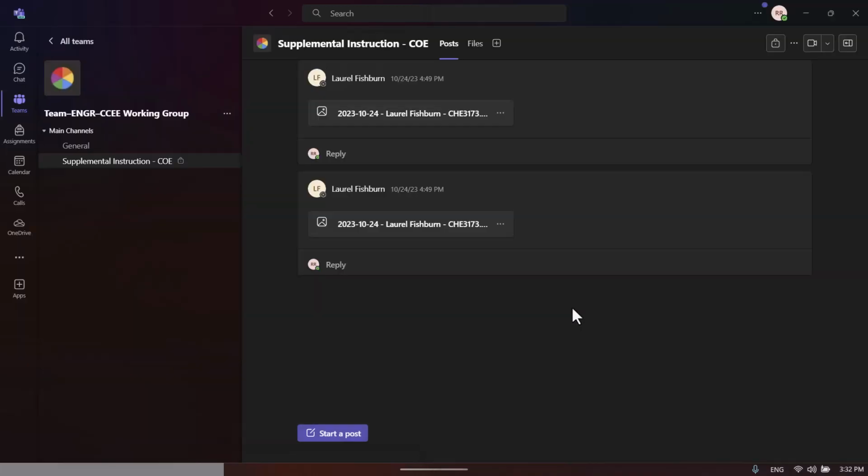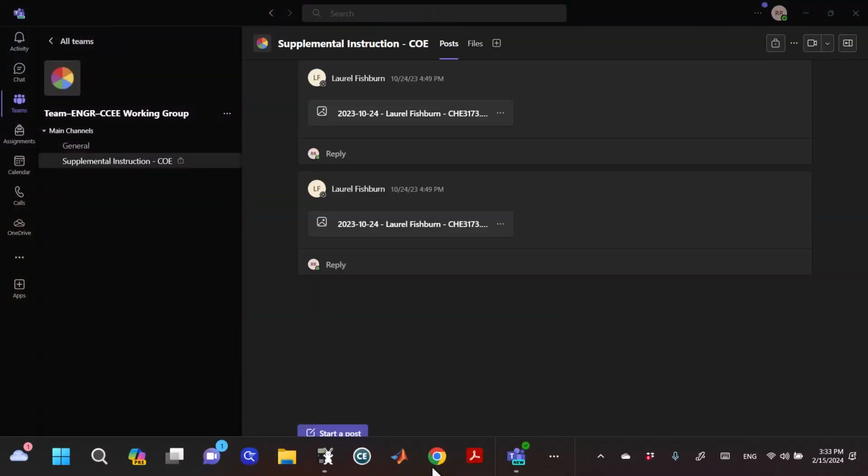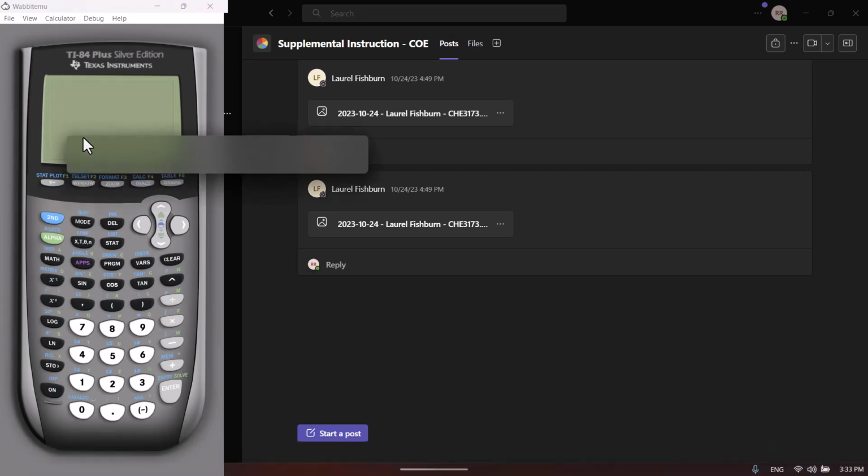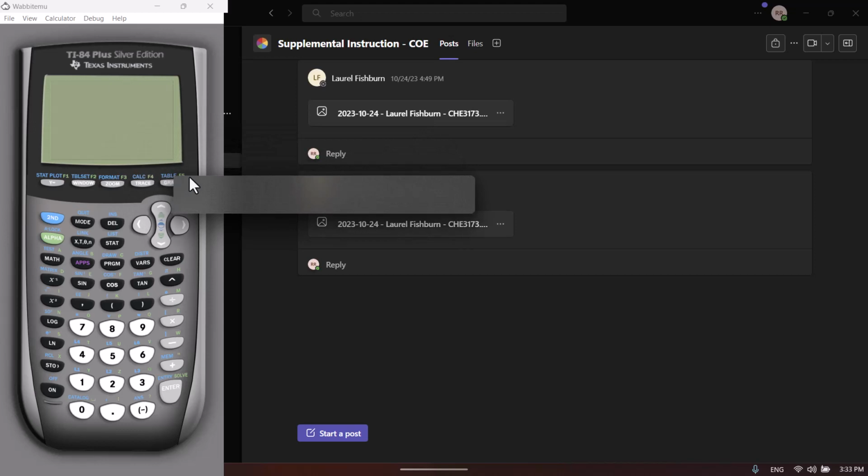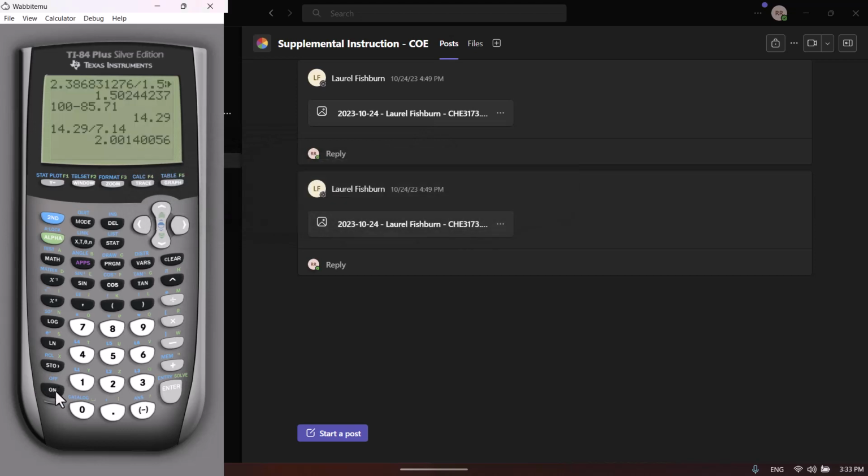Now, the 84 is not as great with doing the polar stuff, but if I had 5 plus second I6, enter, and then it's in the math menu, and over to complex, and go down to number 7, polar, and it'll give it to you as 7.8 e to the whatever.